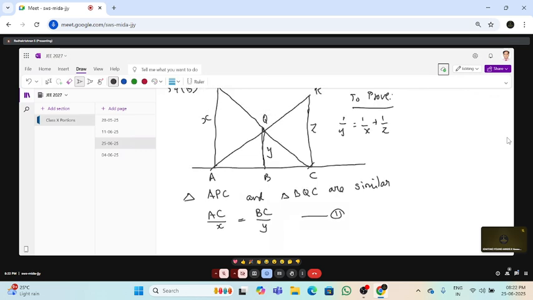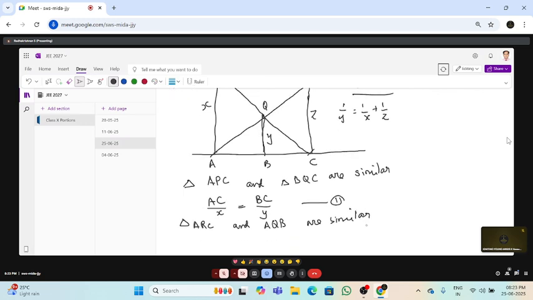Now look at the other two triangles. These two triangles, ARC and AQB, are similar.